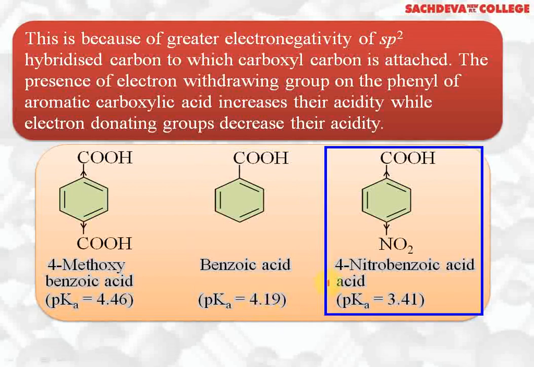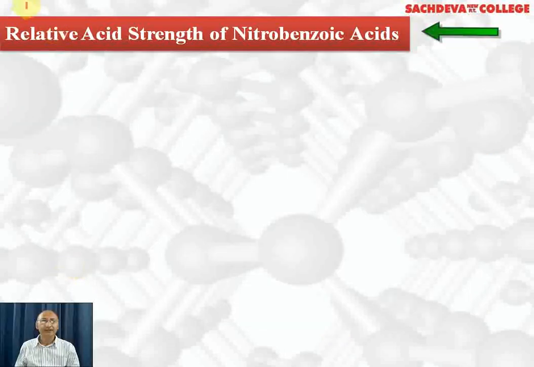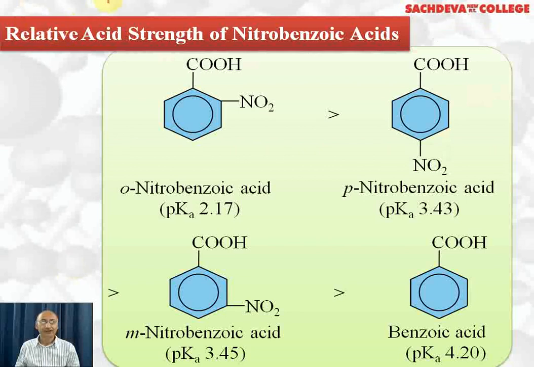Nitrobenzoic acid has pKa 3.41, it is the strongest among all these. Relative strength of nitrobenzoic acids: ortho-nitrobenzoic acid is strongest, pKa is 2.17, then para-nitrobenzoic acid, followed by meta-nitrobenzoic acid, and last is benzoic acid. So the lower the value of pKa, the stronger the acid.